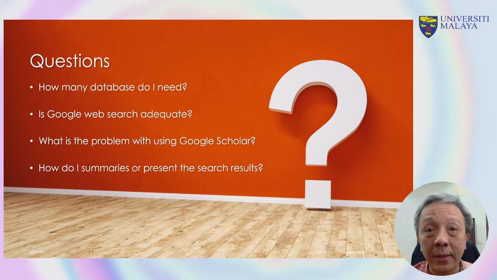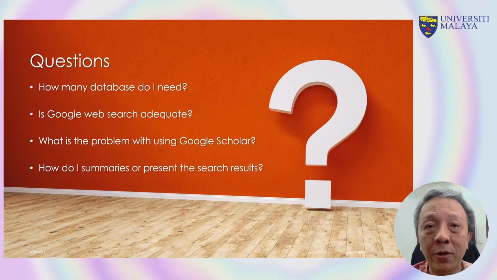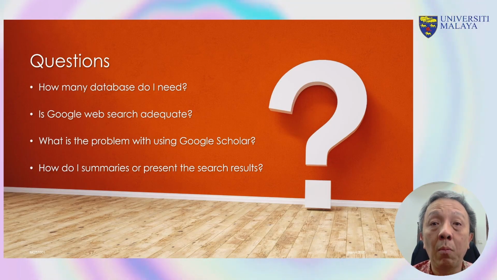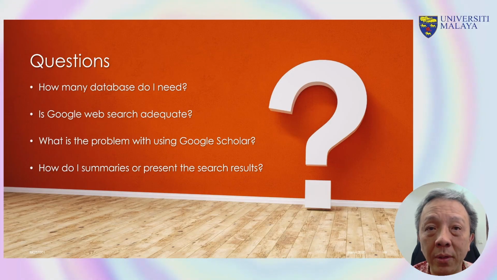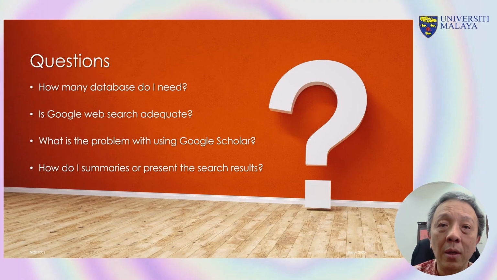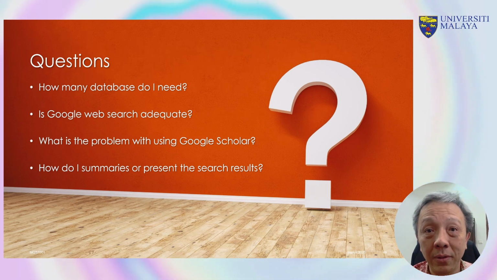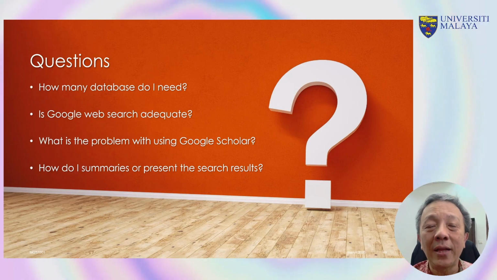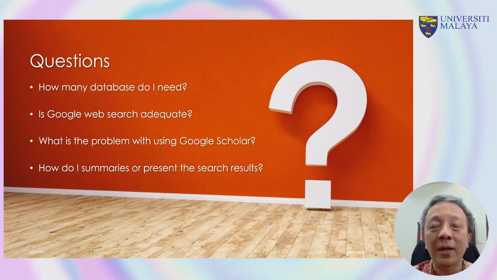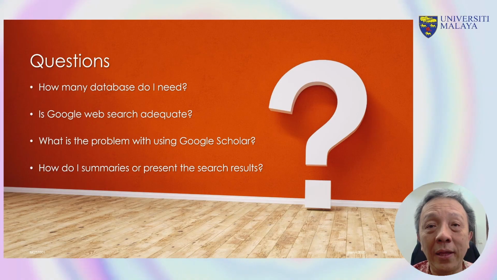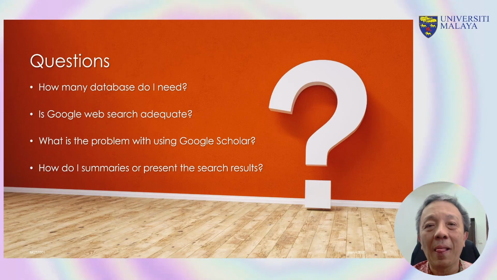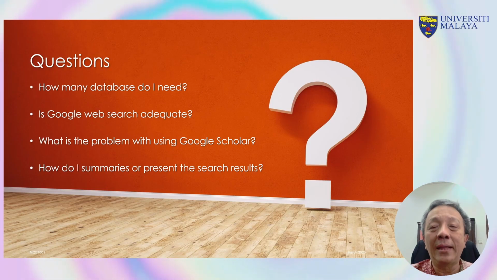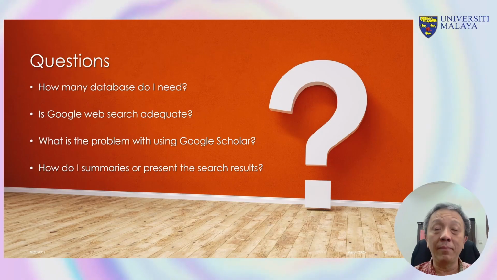Scopus is an important database to search because Scopus indexes all or most of the journals in this region. So if you want to look for regional data in the Southeast Asia region or regional data out of English speaking countries, you need to look at Scopus. But if you're just looking for medical databases, then PubMed should be enough.